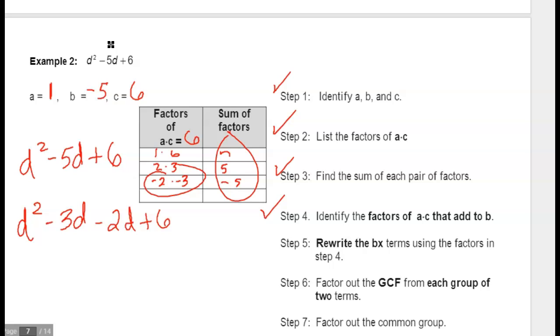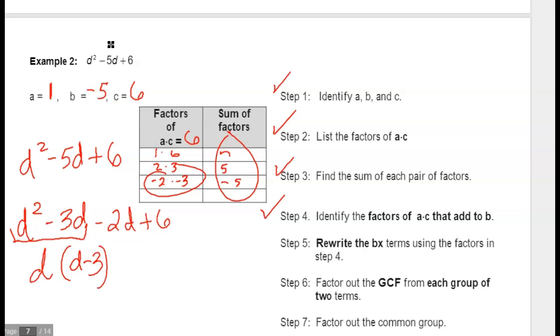So what do these have in common? Well, as long as d is equal to 1, you're always going to be able to pull out a d. So we're left to pull out a d from these first two. And what does that leave me? Well, that leaves me d minus 3.